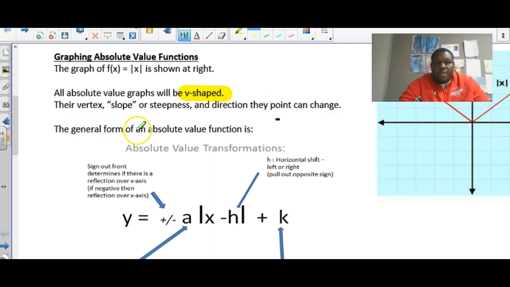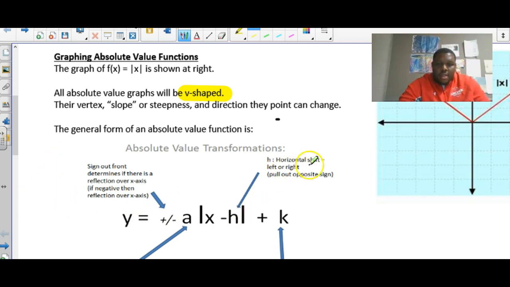The general form of an absolute value function is like so: plus or minus a, times the absolute value. If it's negative, make sure you know that it reflects over the x-axis, which means it's going to be facing down.